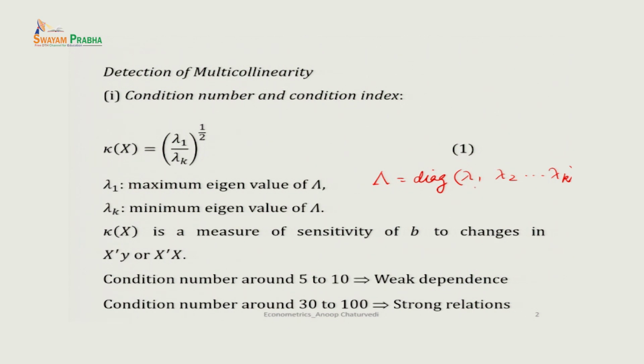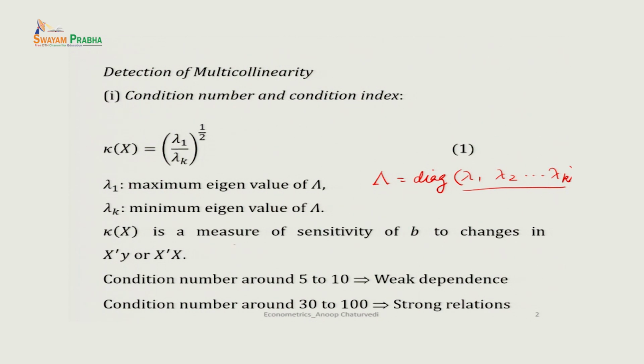These are the eigenvalues of x transpose x, and then lambda 1 is the maximum eigenvalue. Then lambda k is the minimum eigenvalue of lambda. So, in the presence of multicollinearity, lambda k is very small in comparison to lambda 1.